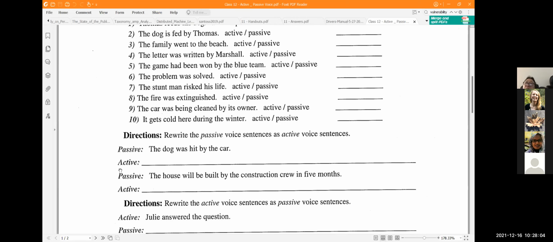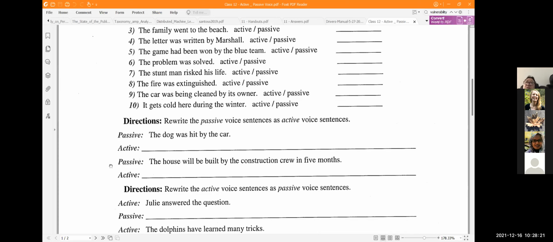Directions. Rewrite the passive voice sentence as active voice sentence. The dog was hit by the car. Yeah, this one already. The car hit the dog. Okay. Second. The house will be built by the construction crew in 5 months.